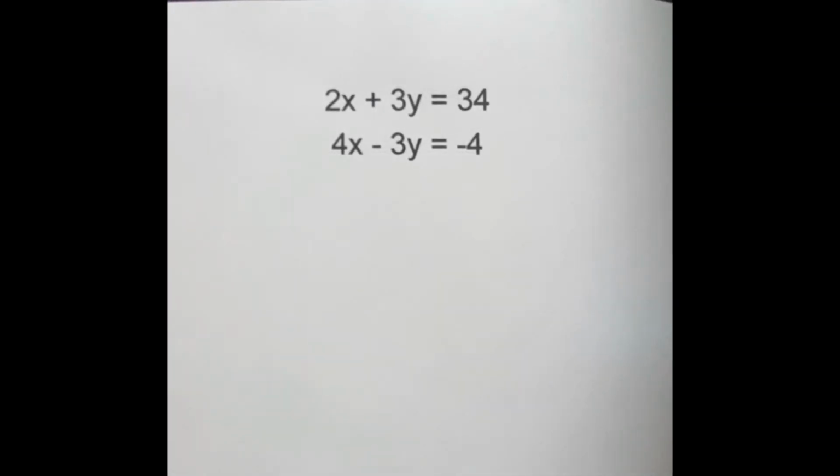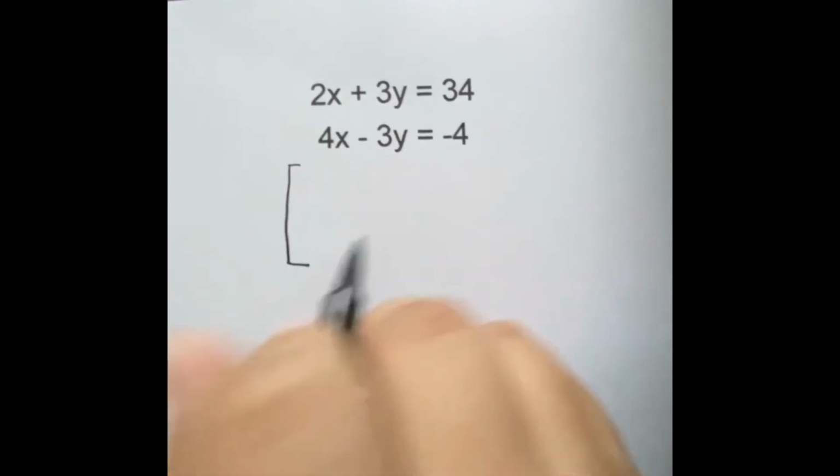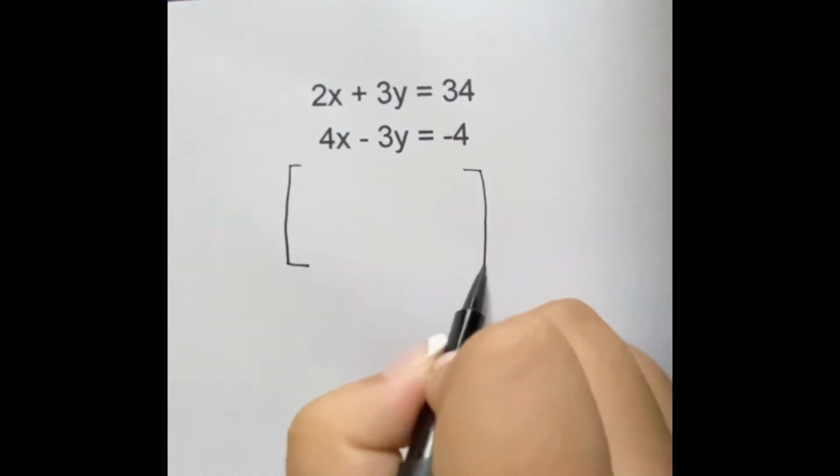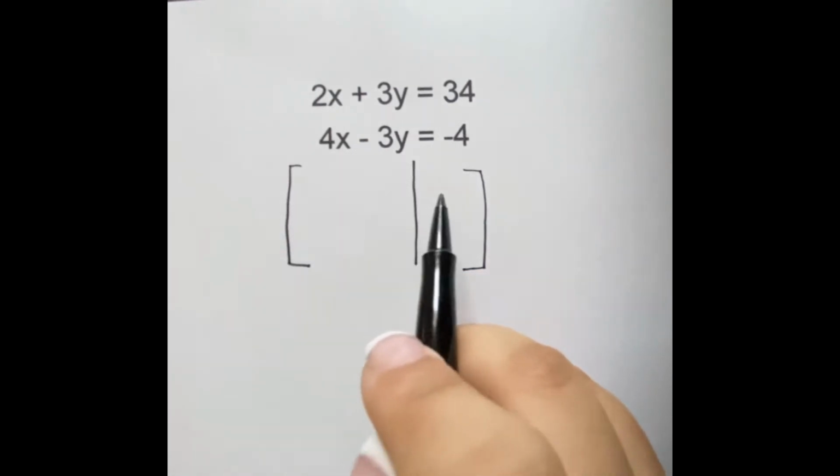So first we have our 2x2 equation, and the first thing we need to do is turn these two equations into an augmented matrix. Basically, what we're going to do is draw ourselves two brackets and a line. Now this line is like our equal sign.